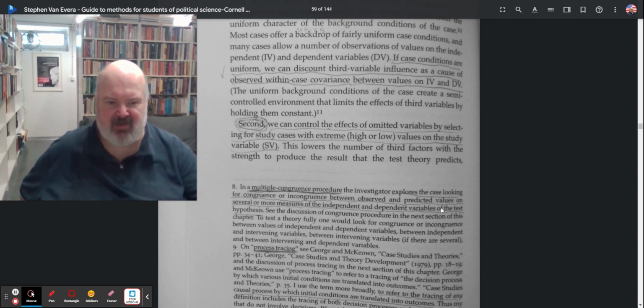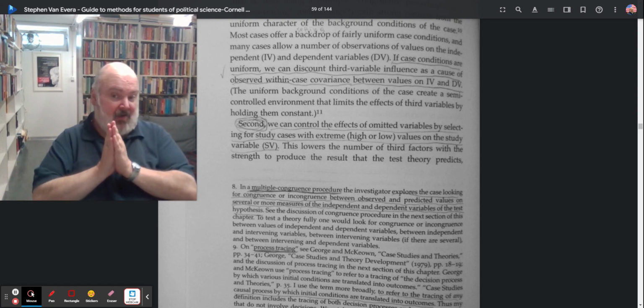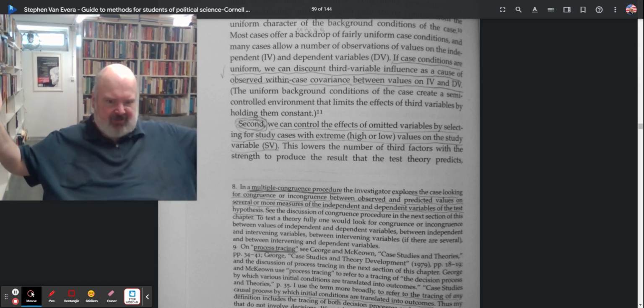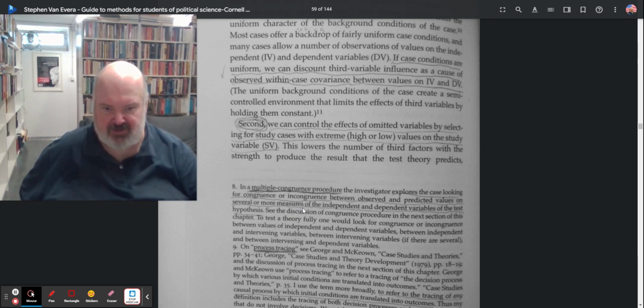Between observed and predicted values. So do they come together and correlate, or do they lack correlation and separate from each other? This is on the several or more measures of the independent or dependent variable of the test hypothesis. See the discussion of congruence procedure in the next section of this chapter.